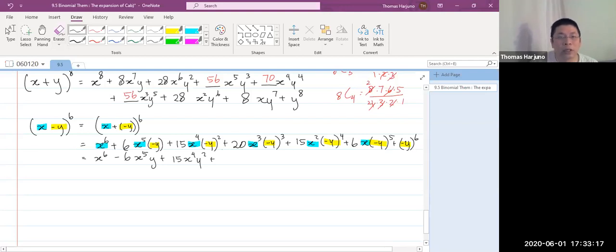So this should be minus here. That would be minus 20x cubed y cubed plus 15x squared y to the 4 minus 6x y to the 5th plus y to the 6.